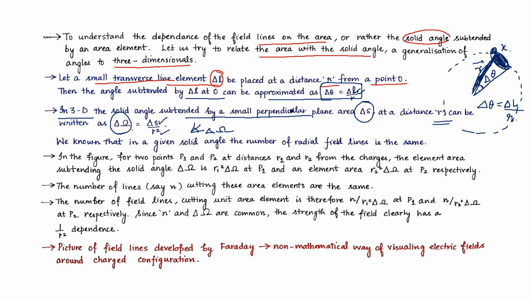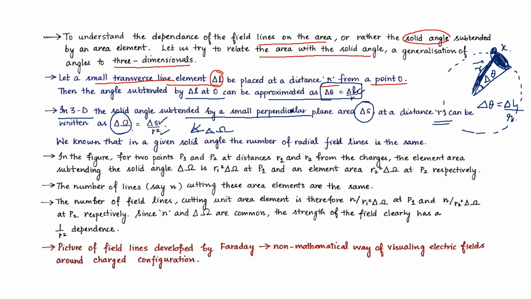For two dimensions we take only one R, but when we go to three dimensions, there will be a distance correlated with the axes like x, y or z. So it is compulsory that when we take the area, it should be divided by R square. So just memorize this one.